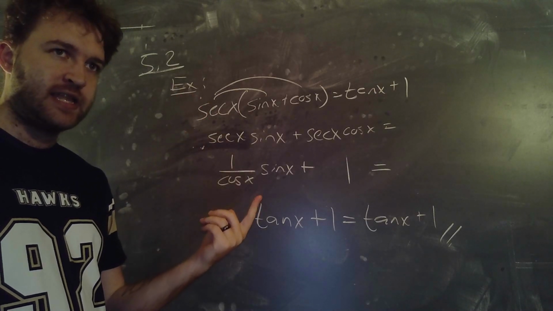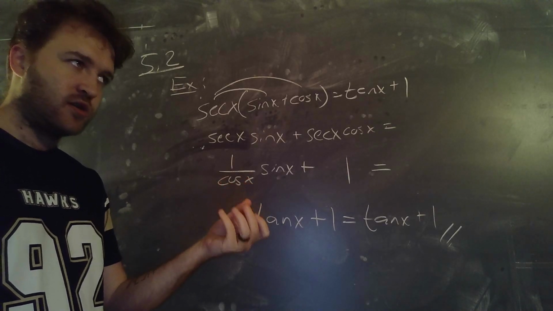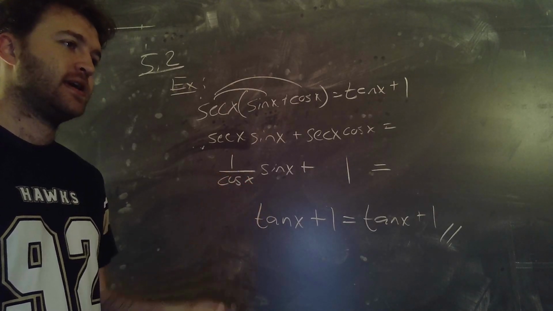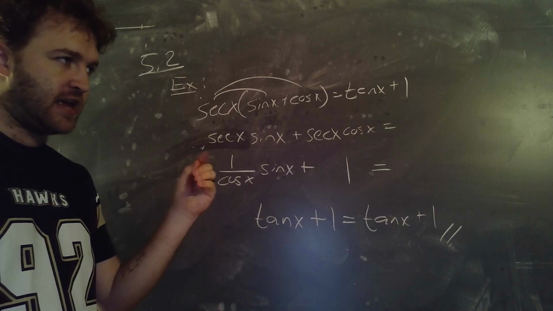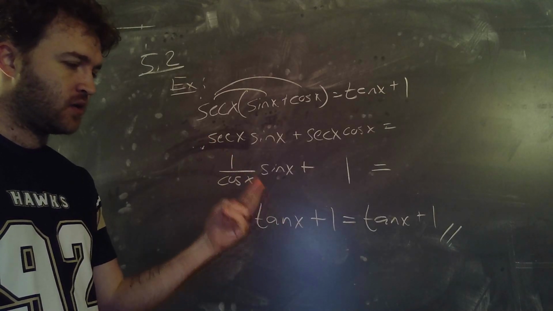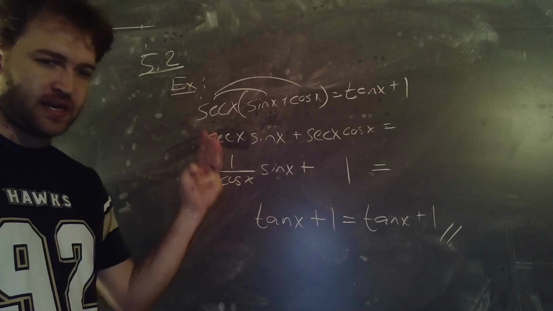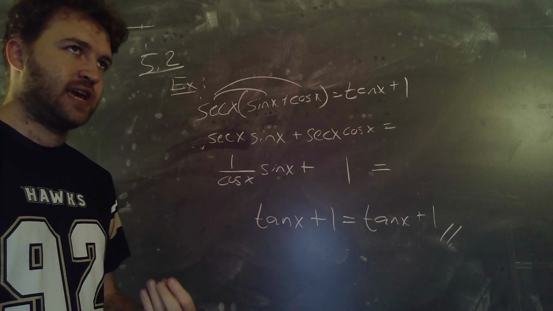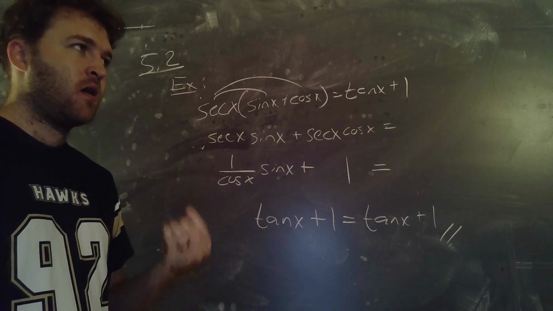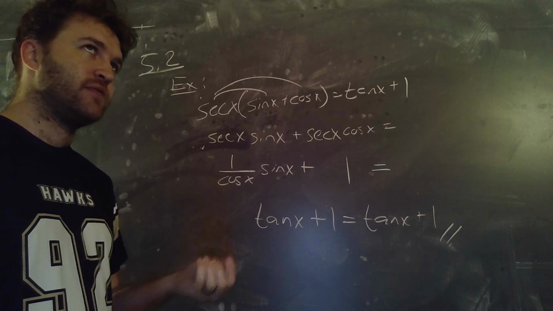It was reciprocal identities, product and quotient identities, Pythagorean identities. Then it was algebra things, which is, can I factor something, can I distribute something, or can I do a common denominator for something?